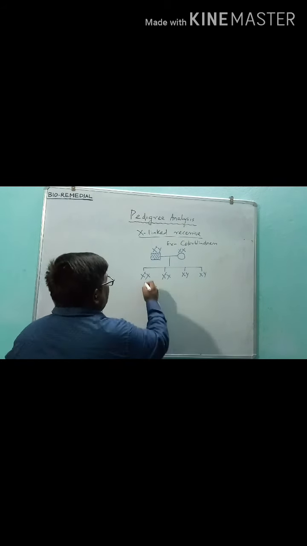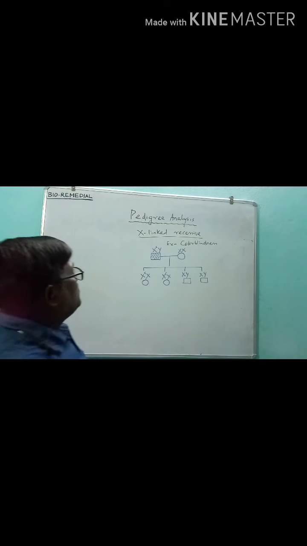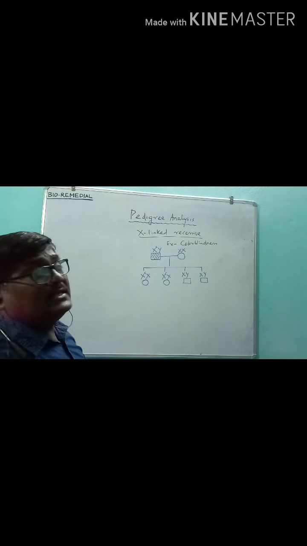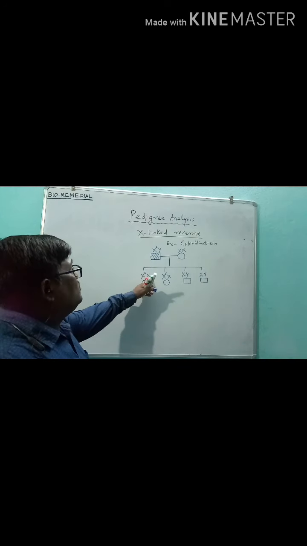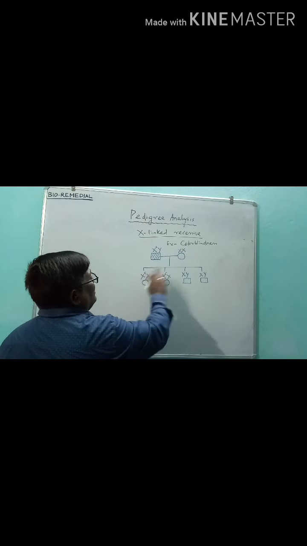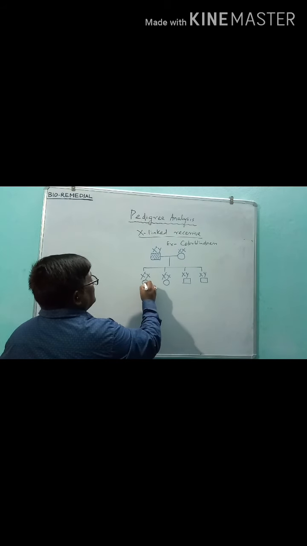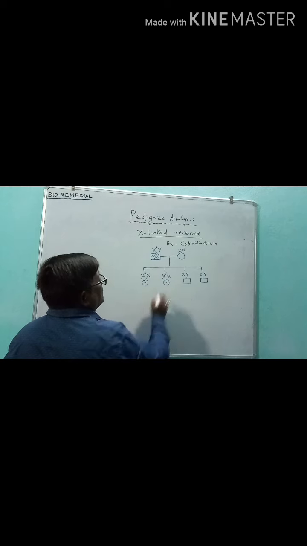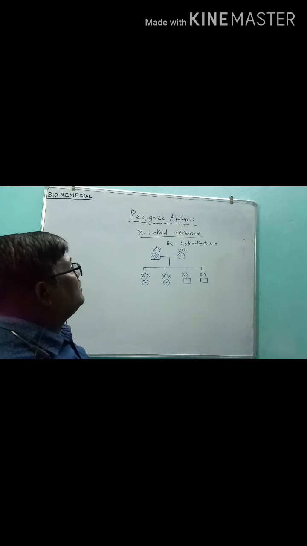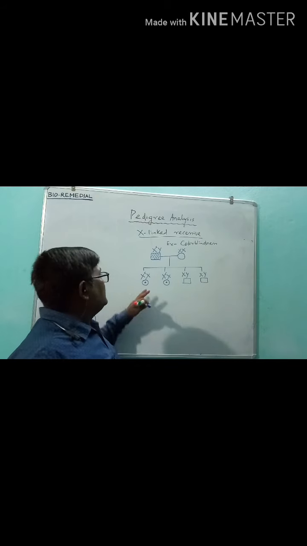This is female, this is male, this is male. Now, when it is a recessive disorder, both chromosomes must have the defective gene. So here only one chromosome has the defective gene, so this will be a carrier. Both females will be carriers and both males will be normal. Understand here.